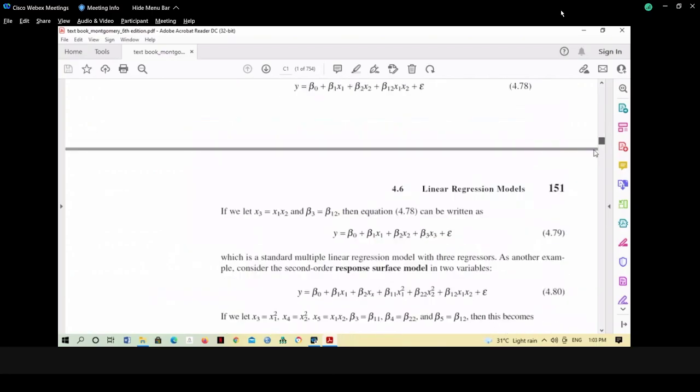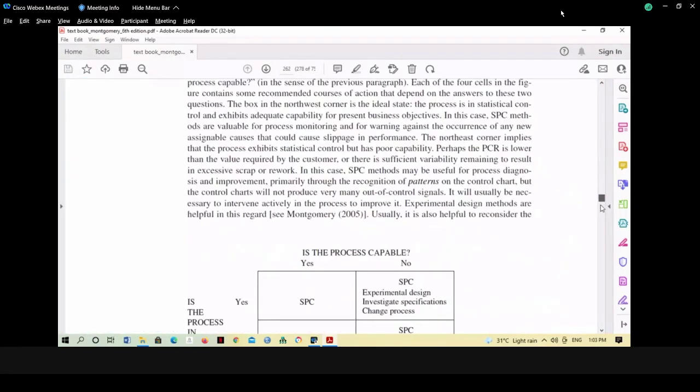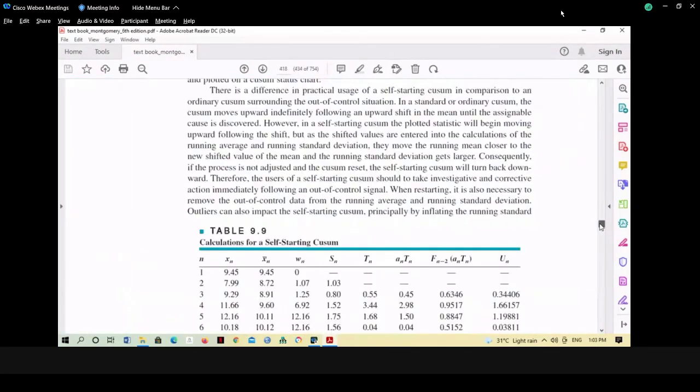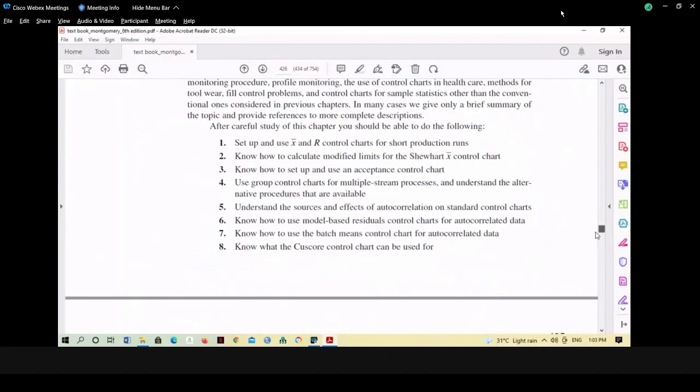Is it 13 or 14? I don't remember. It is on the 2 by 3 factorial design.